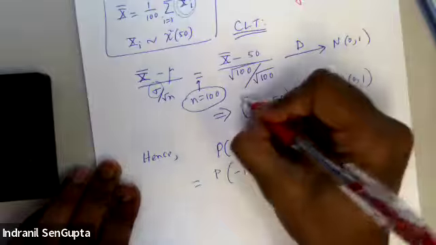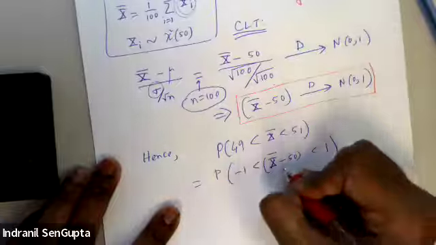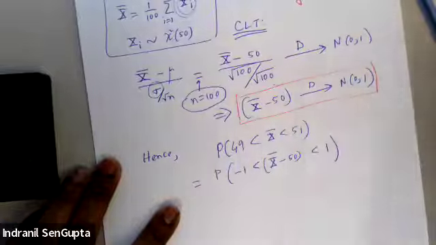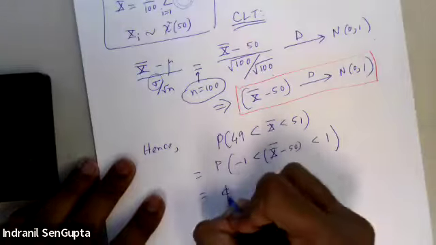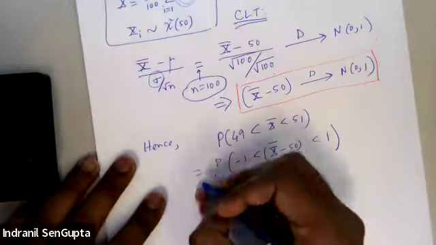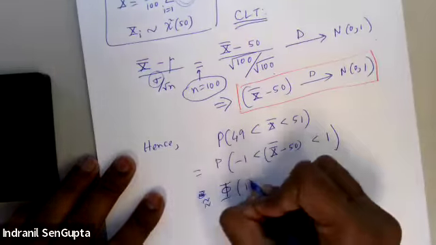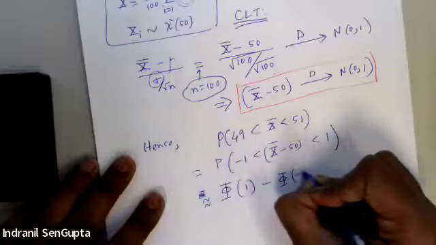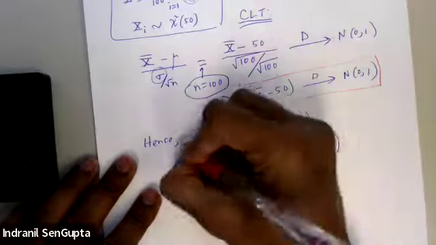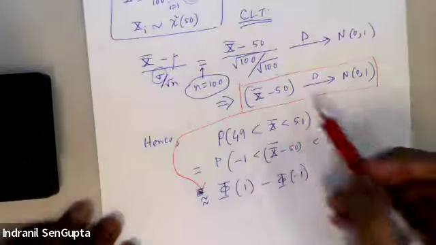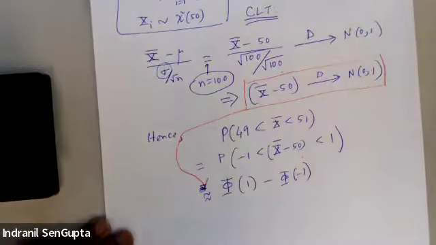By this fact, this is approximately phi of 1 minus phi of minus 1, using the fact that x bar minus 50 follows the standard normal distribution.